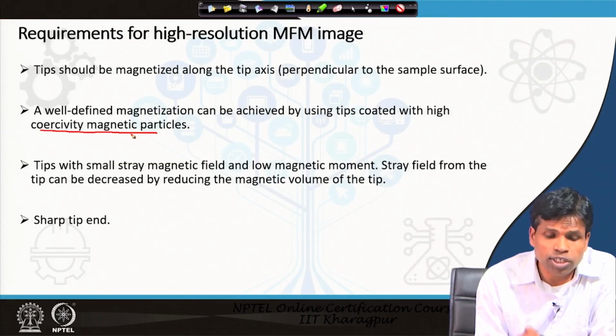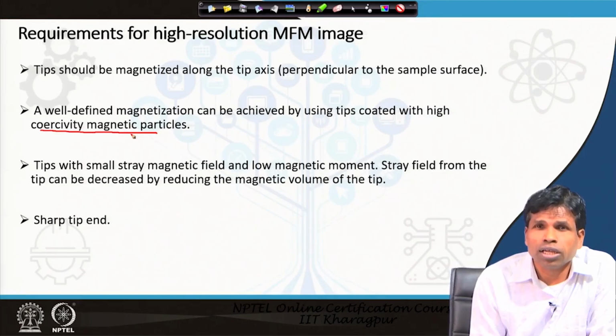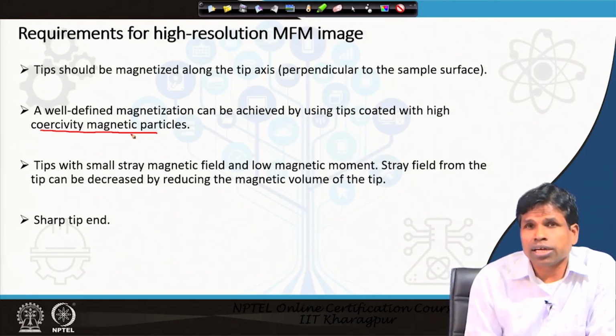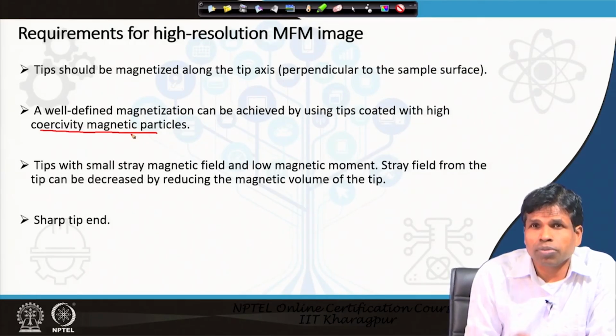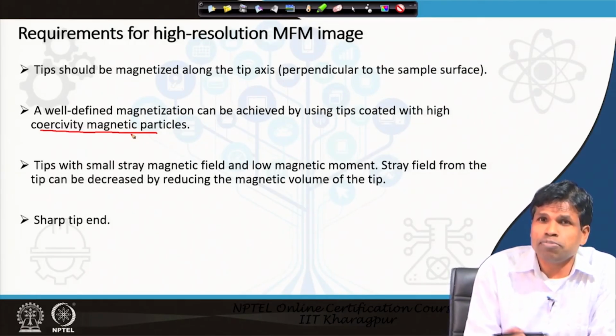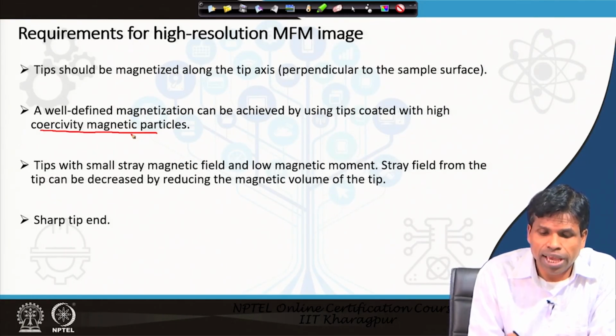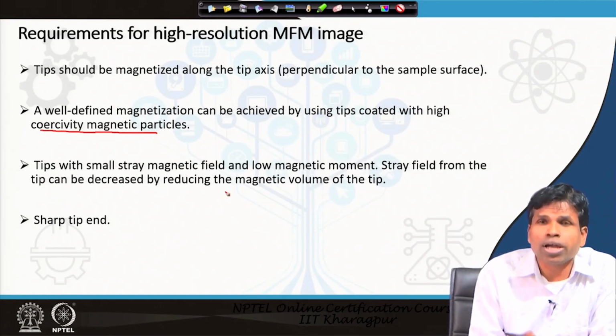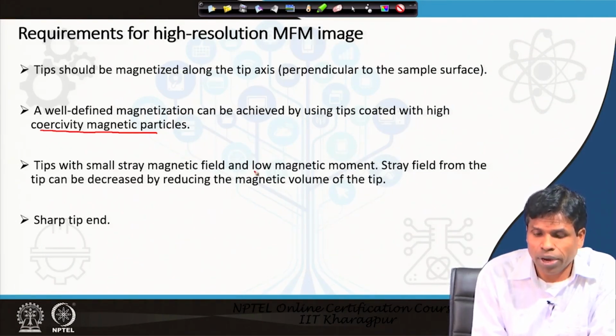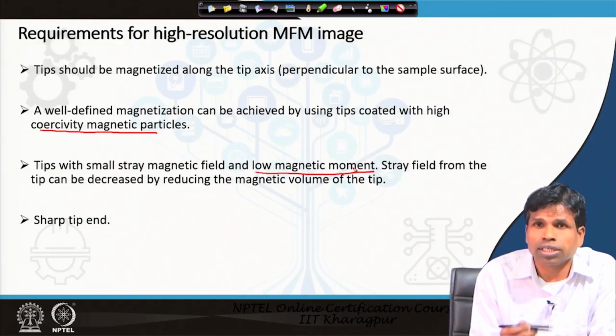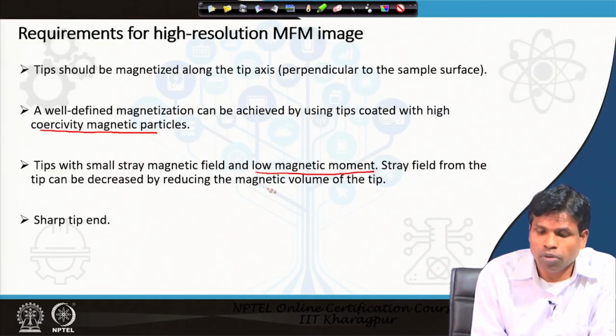In addition to that, it should have a low stray magnetic field. If the tip has a low stray magnetic field, then it can detect more efficiently the stray magnetic field coming out of the sample. So, in order to have a low stray magnetic field of the tip itself, a small magnetic moment tip is prepared, and in order to have a low magnetic moment tip, the magnetic volume at the tip should be as small as possible.